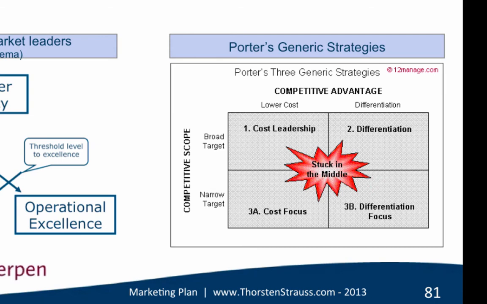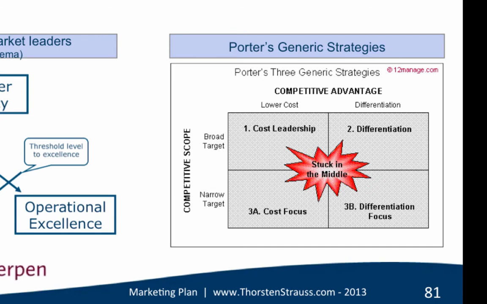So that is really bad, and I explain it to you with the second model a bit more in general. So that is very basic, but that is really still applicable. You cannot be both. You either have to be leading on differentiation through branding, product innovation, service, and so on, which is then exemplified in the second strategy here.